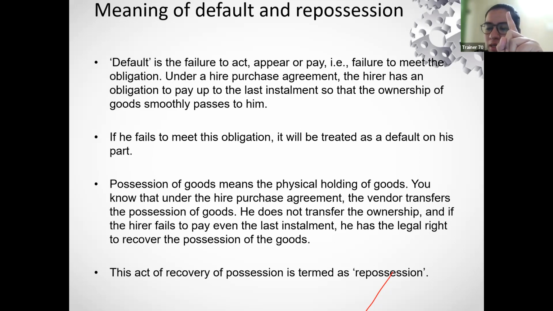Even one installment, out of 30, I have paid 29 installments, only one installment I have not paid, then also he can come and take away goods from me. This is his legal right. The act of recovery of possession of goods is known as repossession.